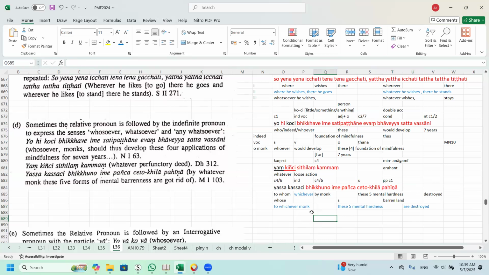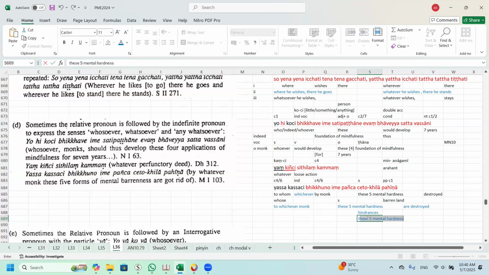So your sentence, that means these five hardness, technically is going to refer to the five hindrances. Hindrances is tough. So the word tough, hard is tough, tough is hindrance, are destroyed. So the five hindrances are not easily destroyed. So when you say hard, it doesn't mean hard, it means five hindrances. Or you can say the five mental toughness, also no problem.